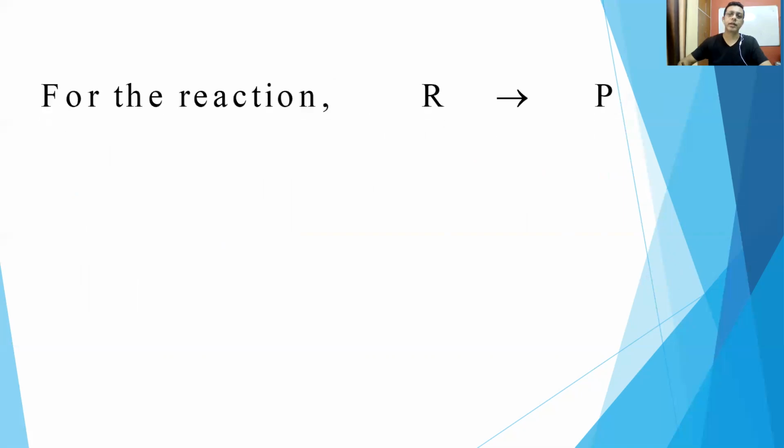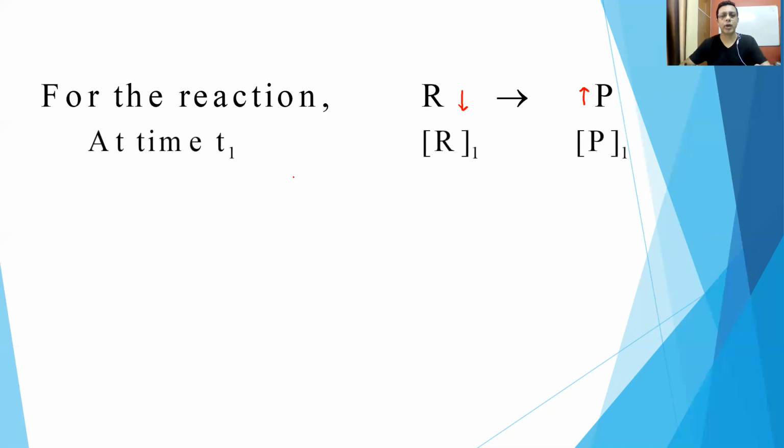Now let us take this example where R gives product. This reactant forms a product. As time passes, the reactant concentration decreases and the product concentration increases. Suppose when you have started studying the reaction, the time is T1. At that time, the reactant concentration is, suppose, R1 and the product concentration was P1.